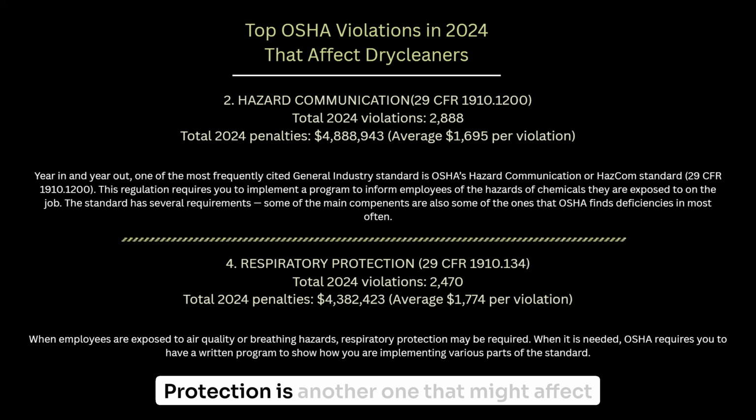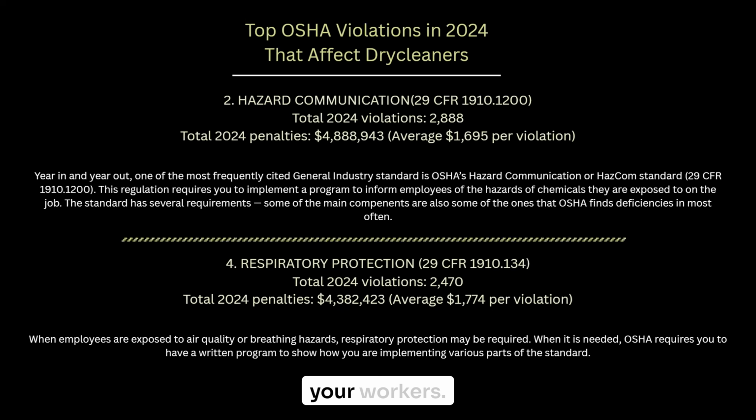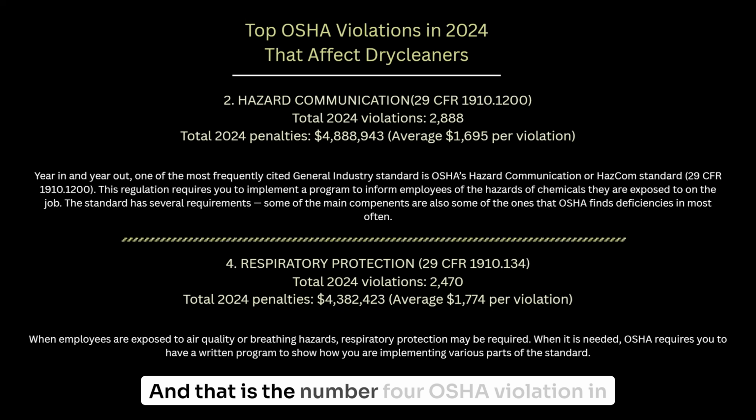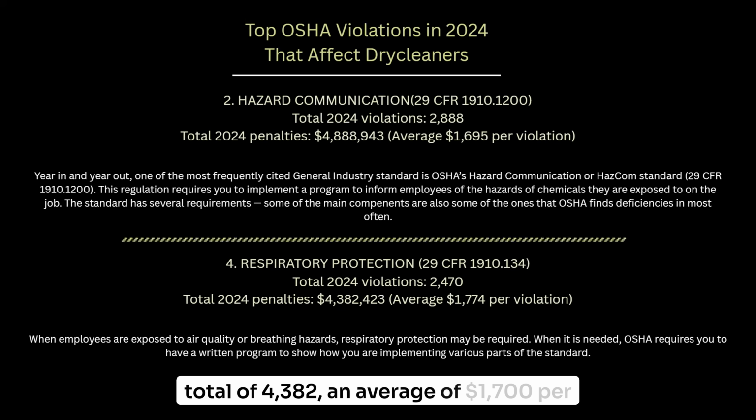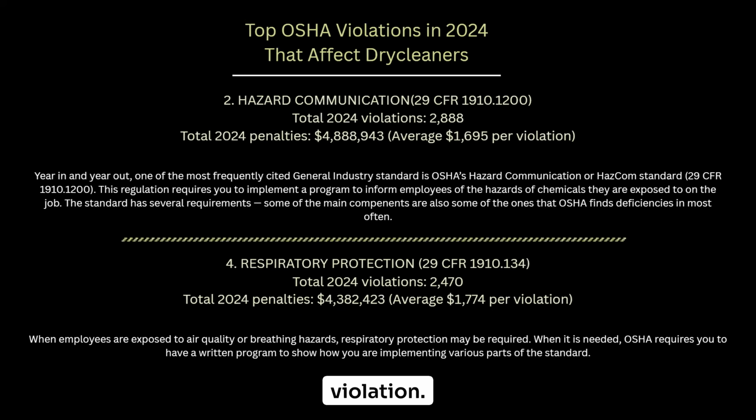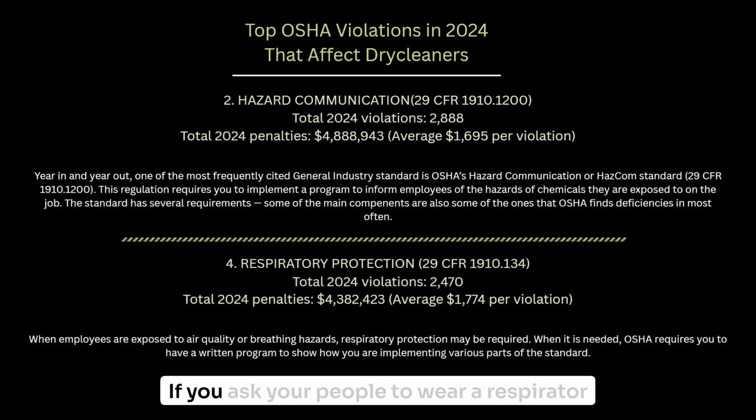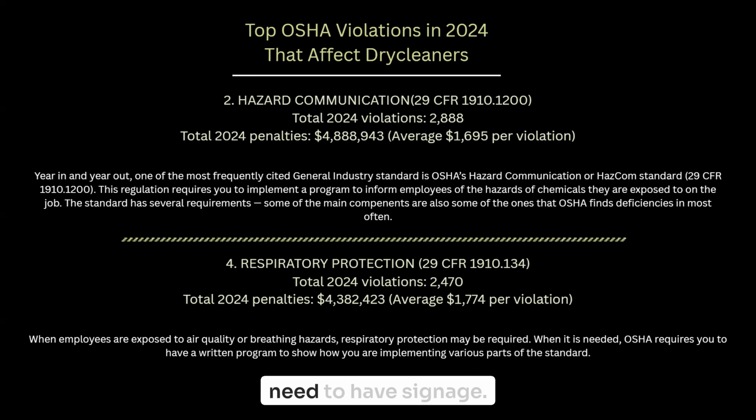Respiratory protection is another one that might affect your workers, and that is the number 4 OSHA violation in 2024. That one was only 2,470 violations for a total of 4,382,000, an average of $1,700 per violation. Once again, if you ask your people to wear a respirator, or you think they need to wear a mask when they are working with certain chemicals, you need to have signage.